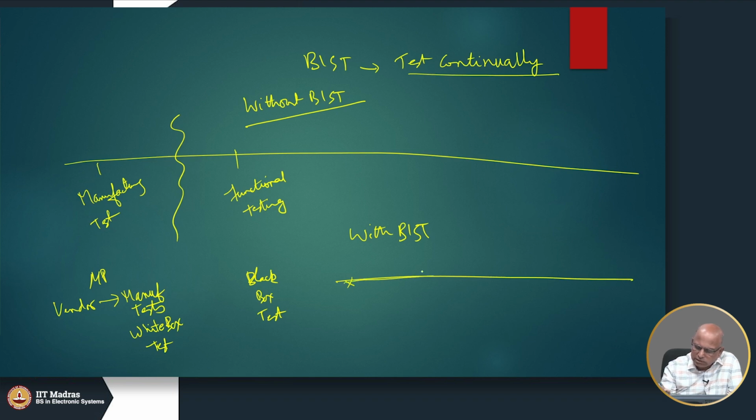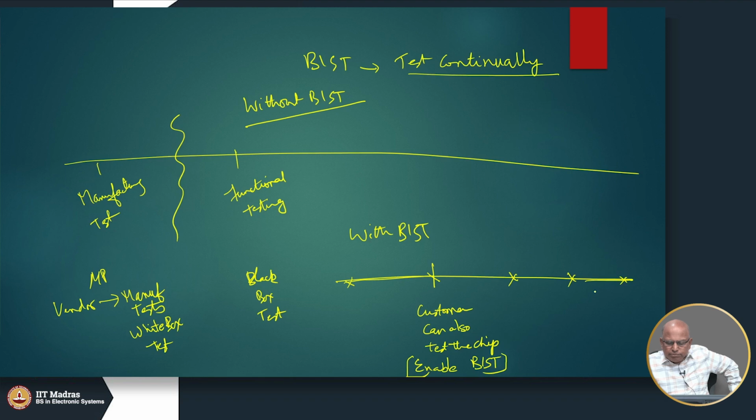Once the customer has the chip in their hands, the BIST circuitry is still there on the chip. So the BIST can still be enabled. So the customer can also apply BIST. The customer can enable BIST. And this can be done many times.